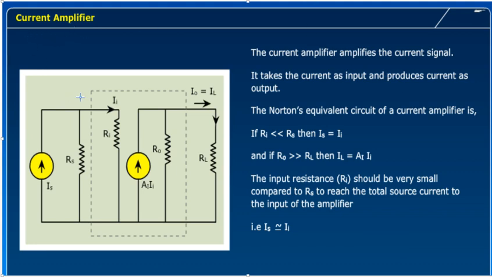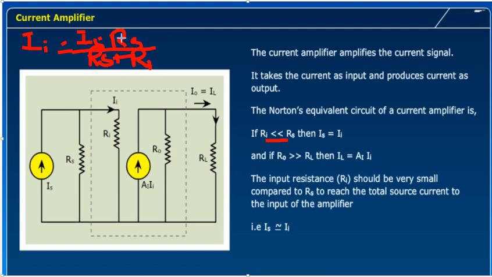So here we apply the current division rule at this input side. Then we can write II, that is the current flowing through the input resistance Ri, equal to the total source current Is times Rs, the opposite resistance, divided by the total resistance Rs plus Ri. If Ri is less than Rs, then Rs plus Ri is approximately equal to Rs.